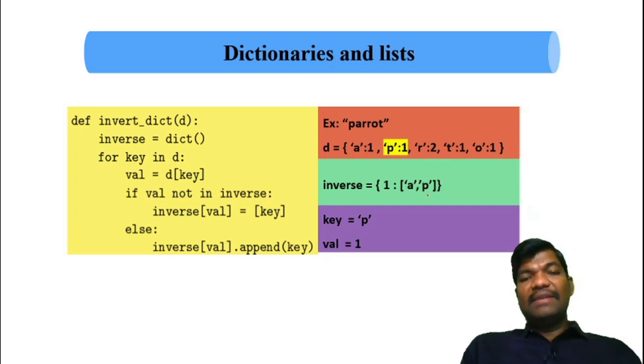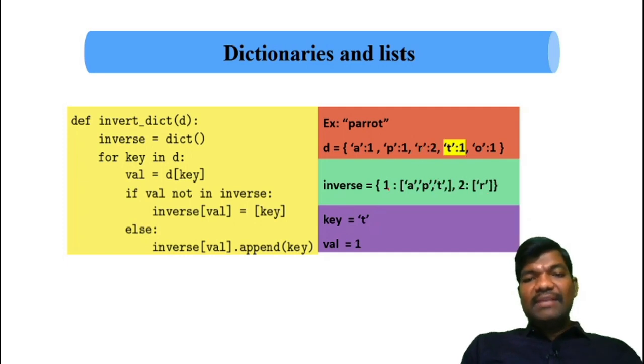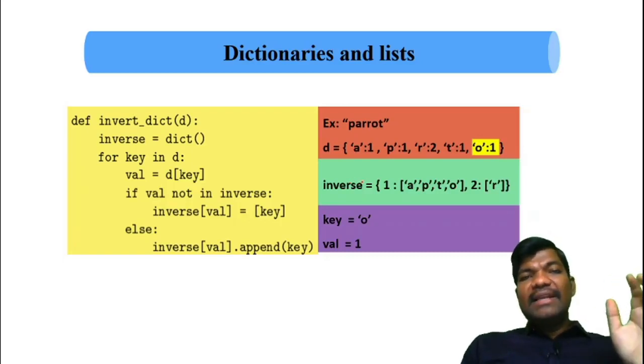So you will get P. Similarly for R, 2 is not in the inverse, so 2 is created and R is entered in the list. For T, 1 is already present, T is added. For O, 1 is already present, O is added. Like that, the complete dictionary is reversed.